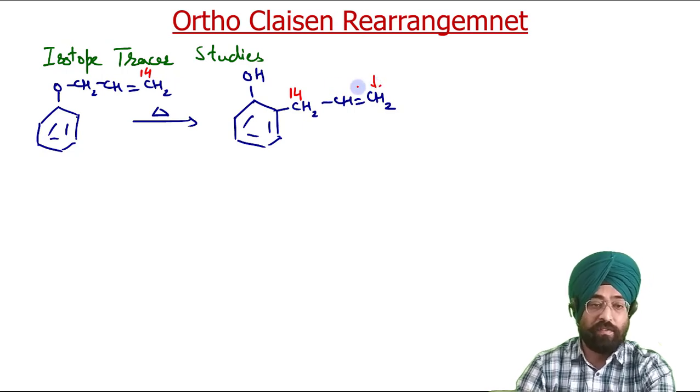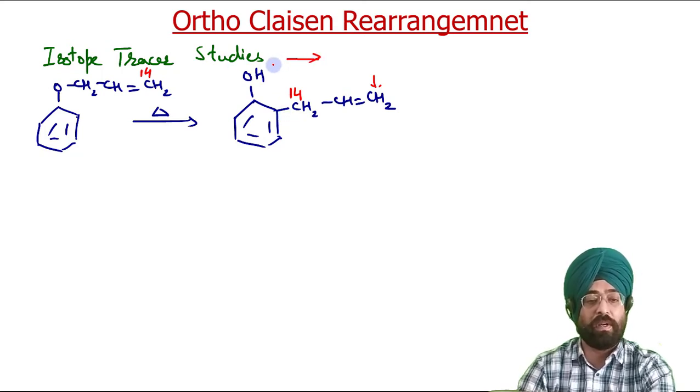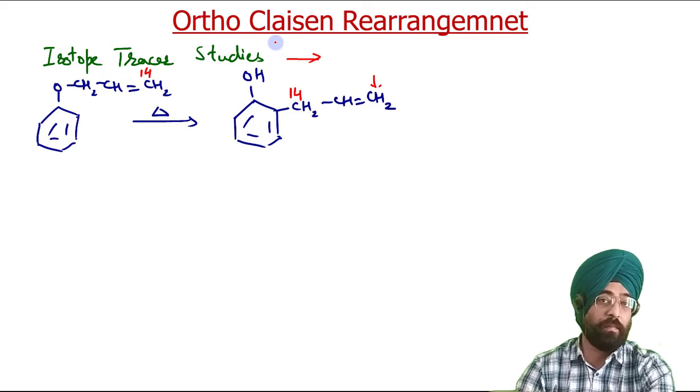But now this gamma position gets attached to the ring. So this is the C14 carbon. So with the help of isotope tracer studies, we can prove that it is the gamma carbon atom that gets attached here by checking the position of the labeled carbon atom.